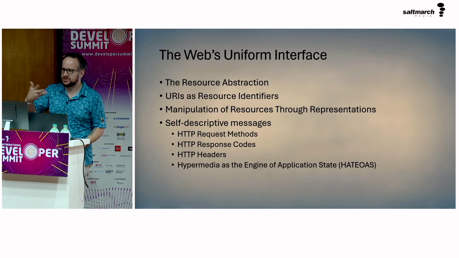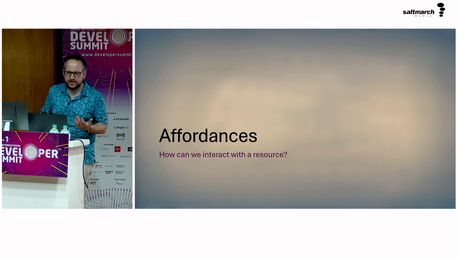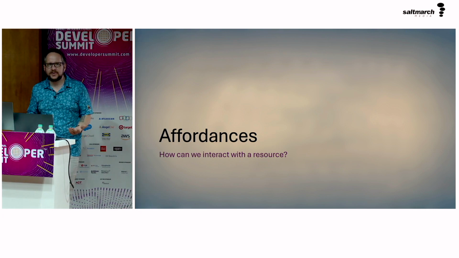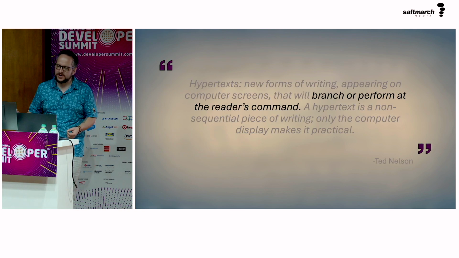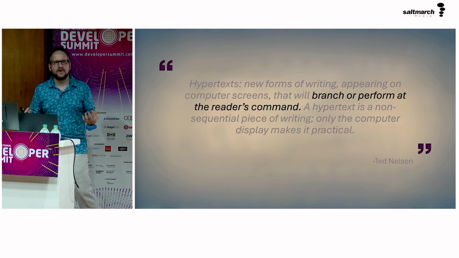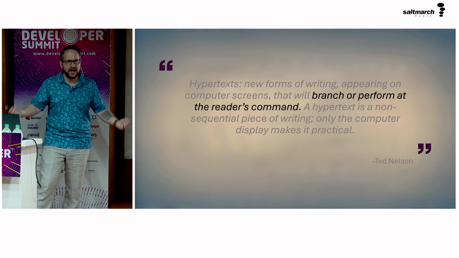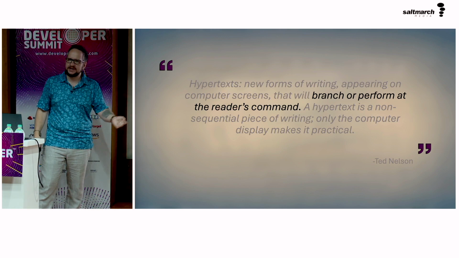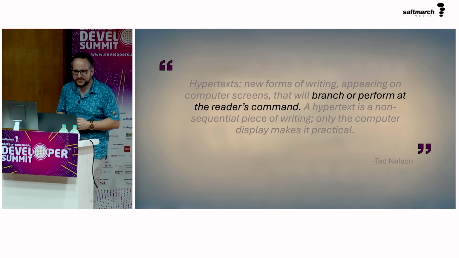I talked a little bit about this this morning, but the key thing is the affordances are how we interact with the resource, how it branches or performs at the reader's command. And that was incredible. That was powerful. That was something that we have as abundant as air that folks like Ted Nelson and Douglas Engelbart and Vannevar Bush could only dream about.